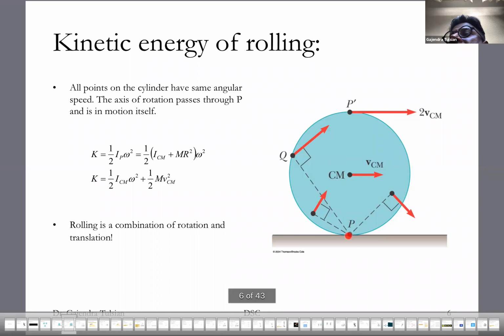You can use the parallel axis theorem to write the moment of inertia about this point as the moment of inertia about the center of mass plus mr squared, the mass of the wheel times the radius squared. From there you get this expression, which says the kinetic energy is the kinetic energy of pure rotation plus the kinetic energy of pure translation. Again, showing you that rolling is a combination of rotation and translation.